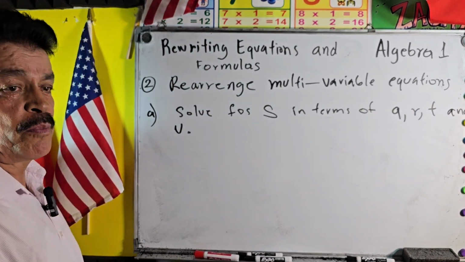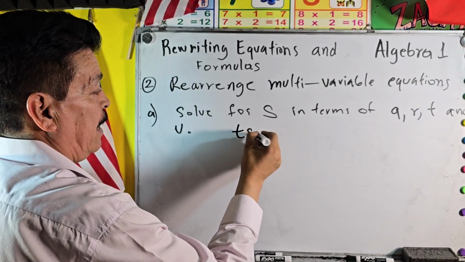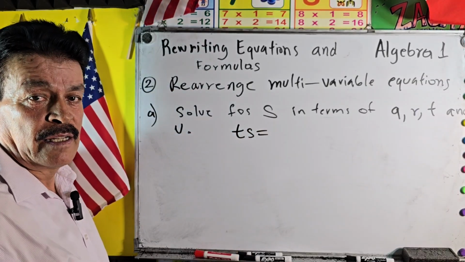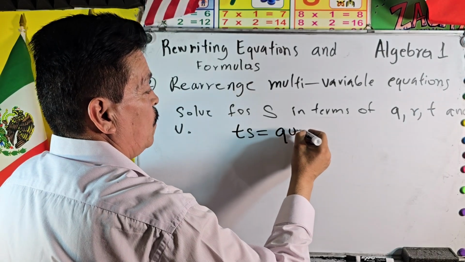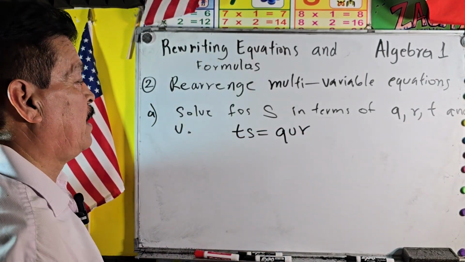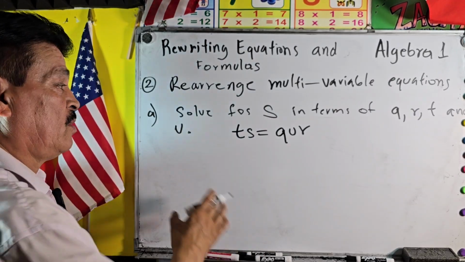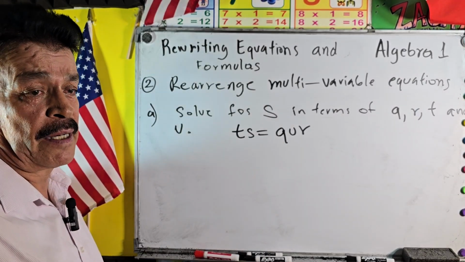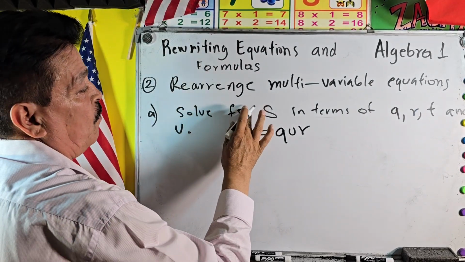So our problem is t s equals t s q u r. That's our equation. These letters are the variables. So here we have to solve for s.